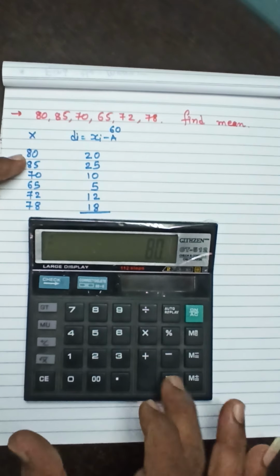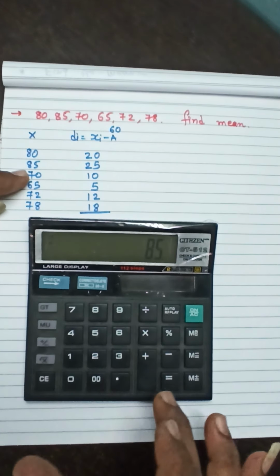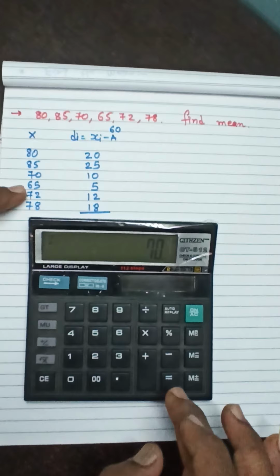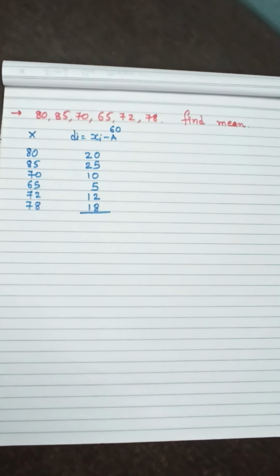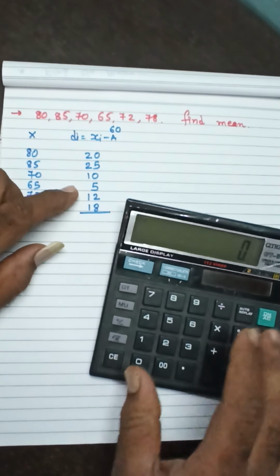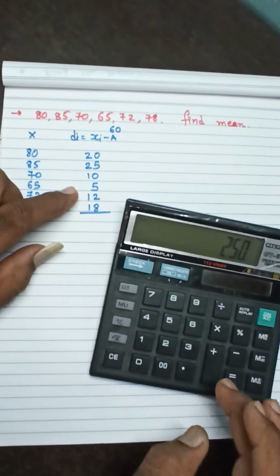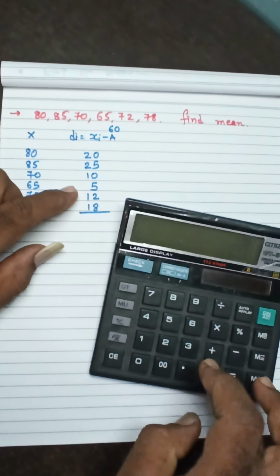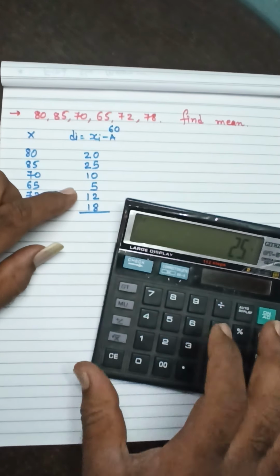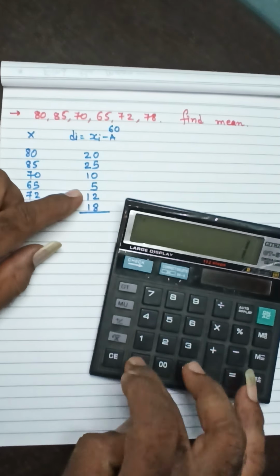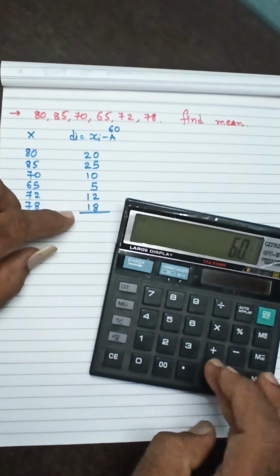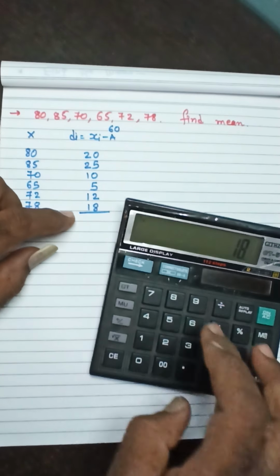Then 80 equal to, 85 equal to, 70 equal to, again and again you will get the answer. Okay. Now what will be the total of this? 20 plus 25 plus 10 plus 5 plus 12 plus 18.